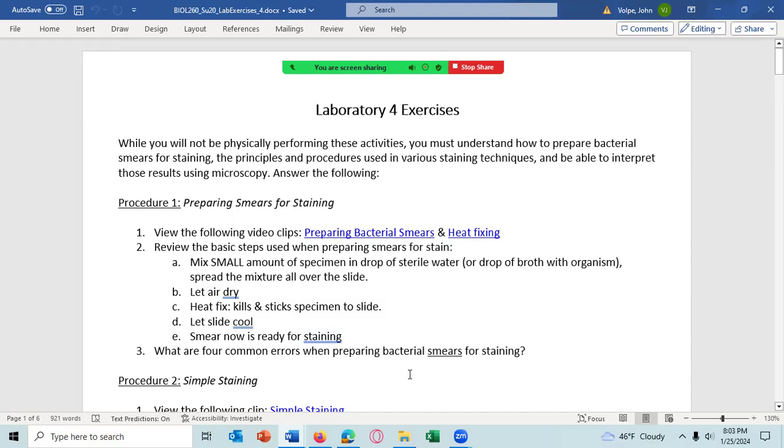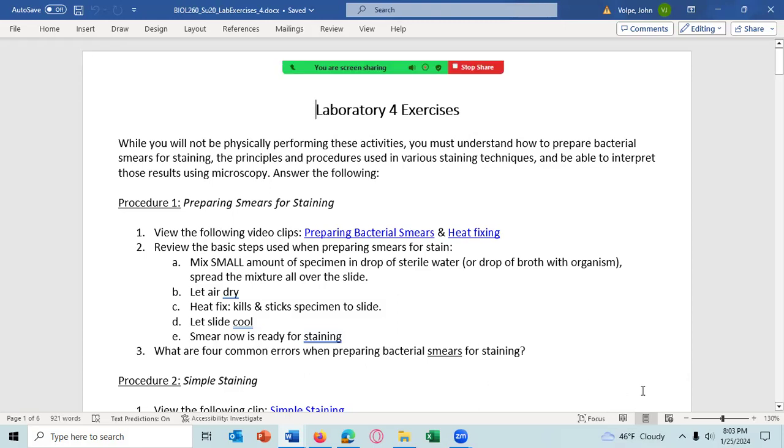And then after that, answer procedure 1, number 3, this question here. What are 4 common errors when preparing bacterial smears for staining? And these are 4 common errors that students make in a microbiology lab. And remember, we're making the bacterial smear. We are not doing the stain here.